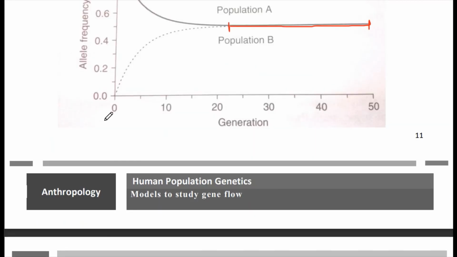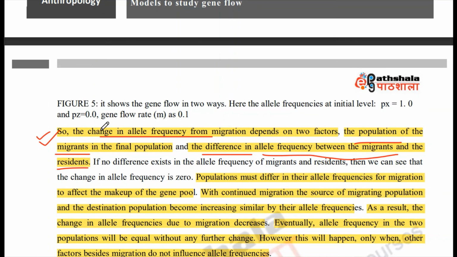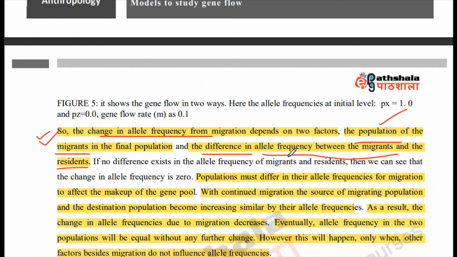So even if there is a new form of gene coming in as part of that gene flow, how different it is matters, or whether there is completely negligible evidence of that new allele. The difference between what is brought by the migrants and what the residents have also contributes to the changes in allele frequencies, right? So two factors determine these changes: one being the population of the migrants and second being the differences.